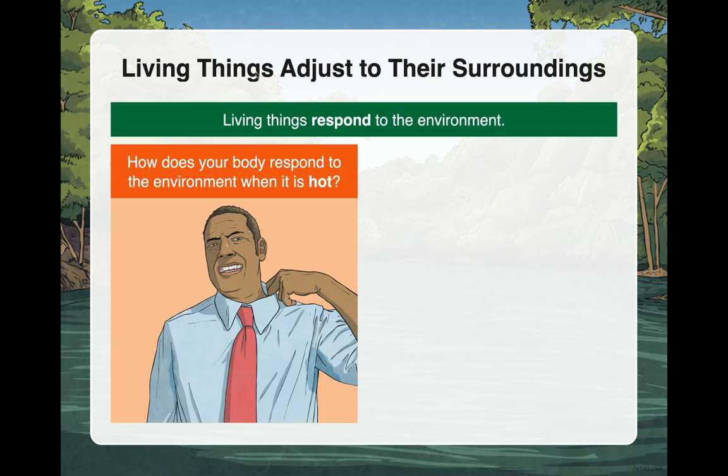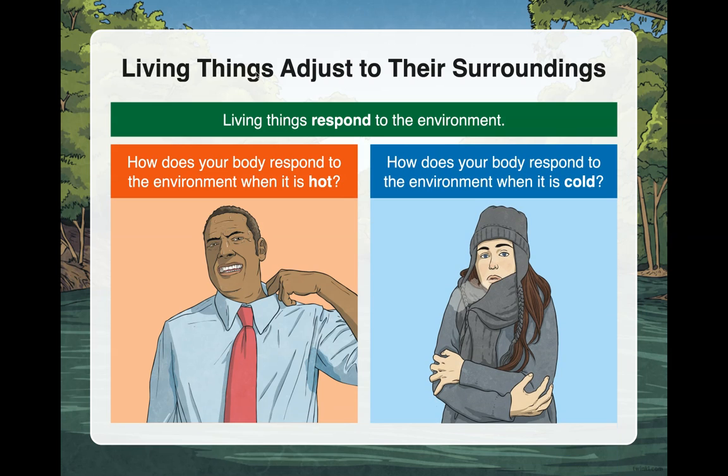It responds to the environment even without you doing anything. Now, think about how your body responds when it's cold. You start to shiver, your teeth start to chatter, or your bones start to hurt because it's too cold, like your hands, right? And you just want to cover yourself up.